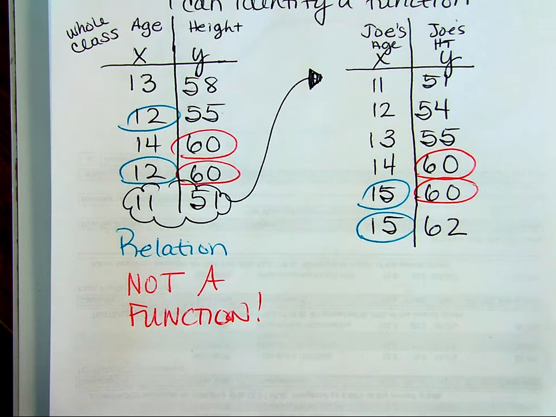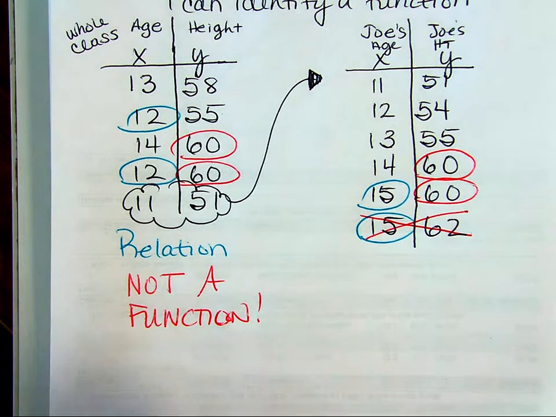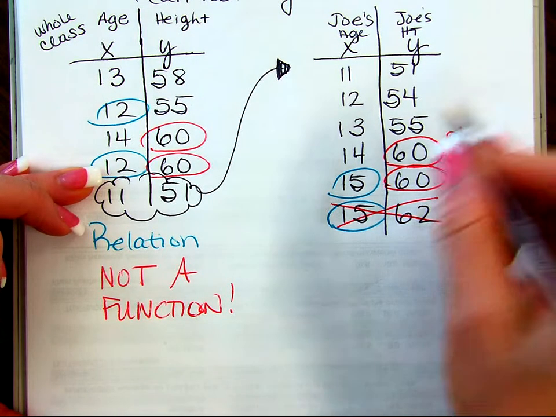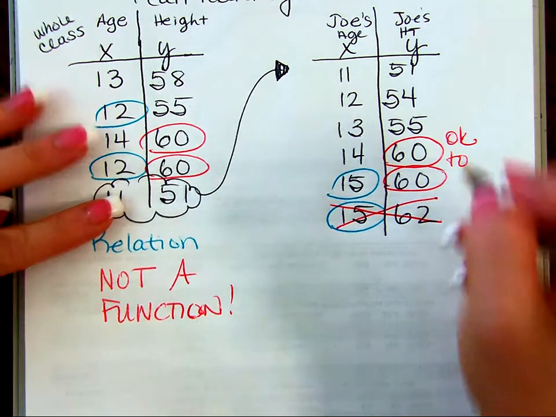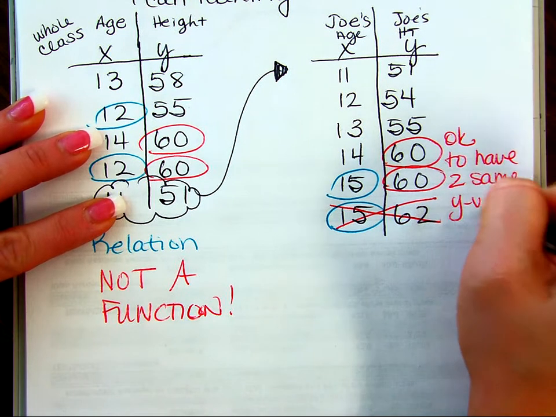So, the fact that I have 2 repeating x values is not okay here. I want you to write over here, was it okay to have 2 y values be the same? That made sense still, right? So it's okay to have 2 of the same y values.